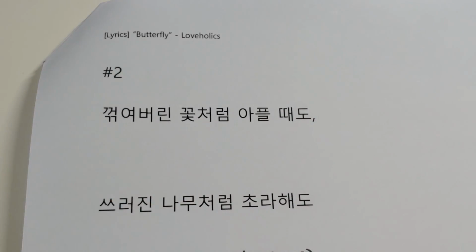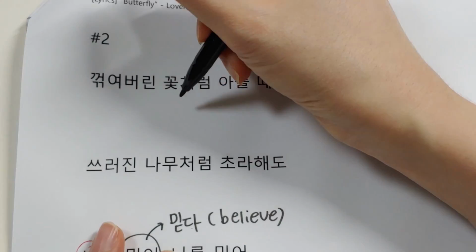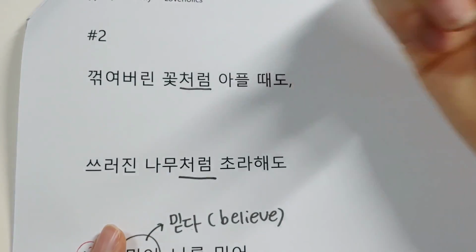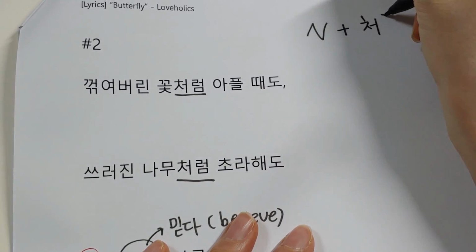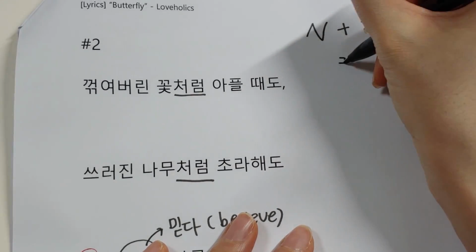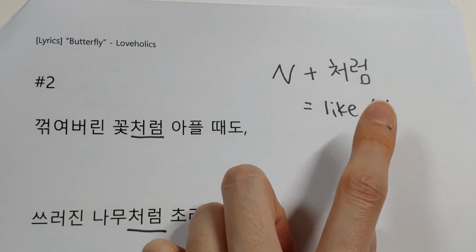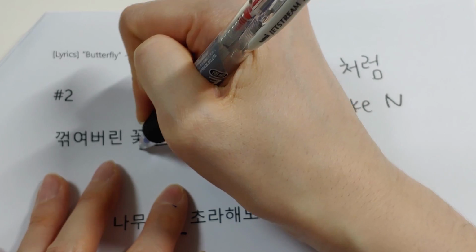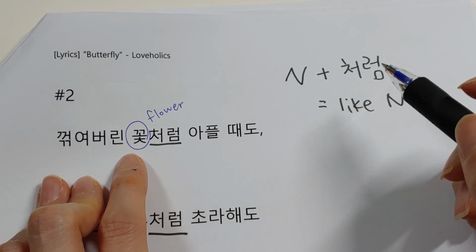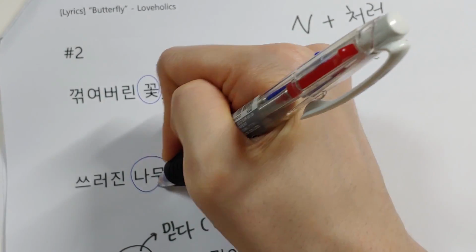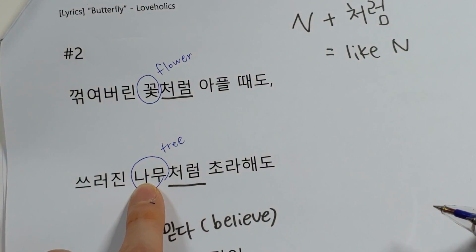Okay, and the last particle, the postposition we're going to learn is this one, 처럼. So when a noun is followed by 처럼, it means like that noun. So 꽃 here means a flower. So it means like a flower. And 나무 means a tree, and it means like a tree.